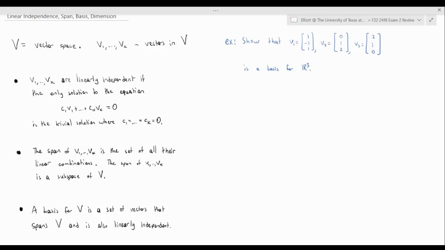So we're given 3 vectors in R3, and we want to show that they form a basis, okay? To do this, there's a couple of ways you can do it. One thing you can do is, of course, to show that you have a basis, you can show that your vectors are linearly independent, and also show that they span all of R3 in this case, okay?